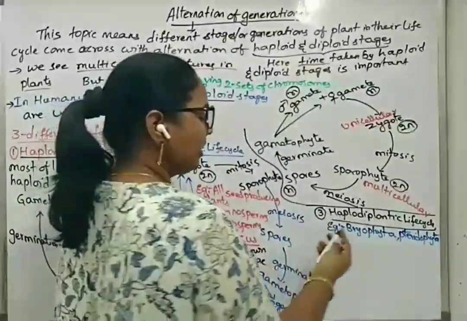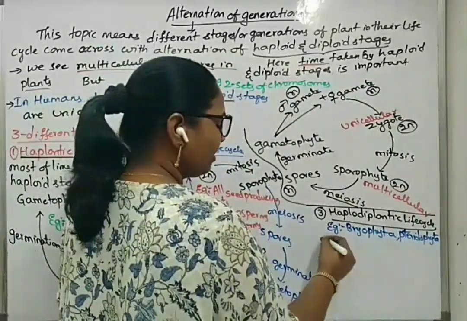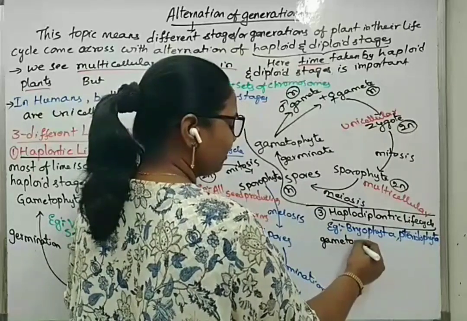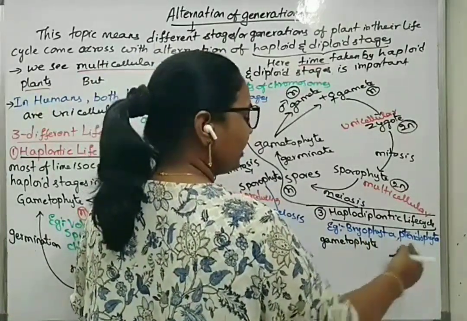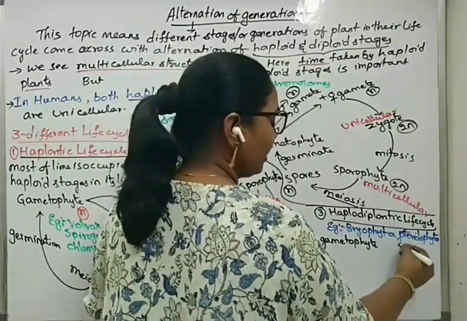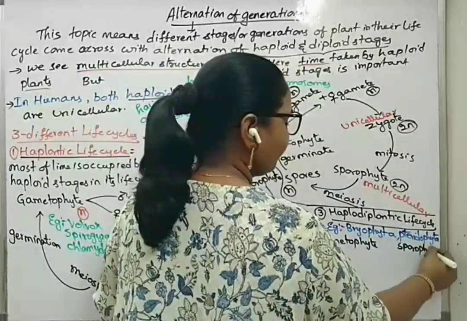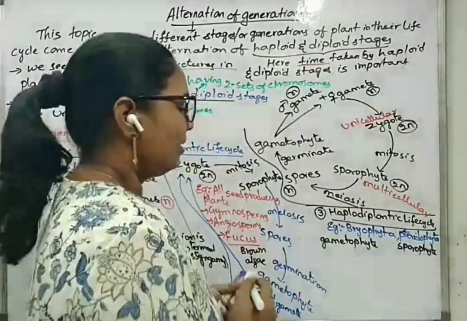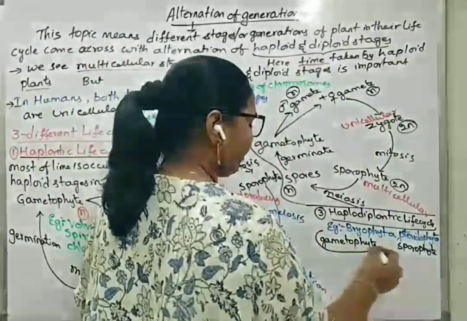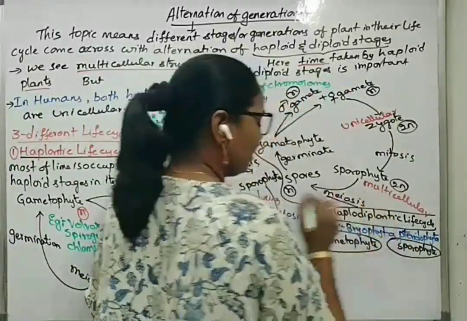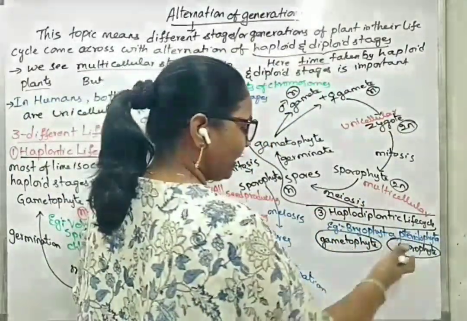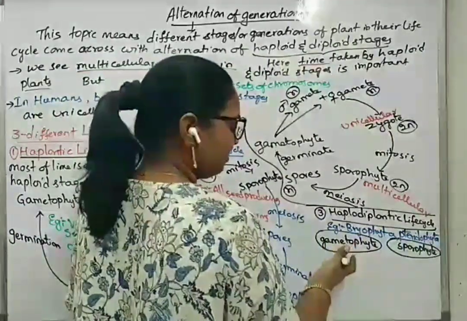Here we see, in case of bryophyta, it starts with the gametophyte stage. In case of pteridophytes, the dominant plant body is the sporophyte. We can start either with the sporophyte or the gametophyte.